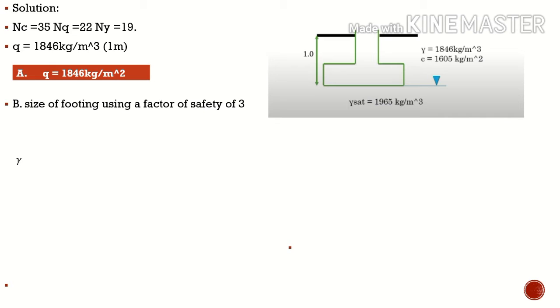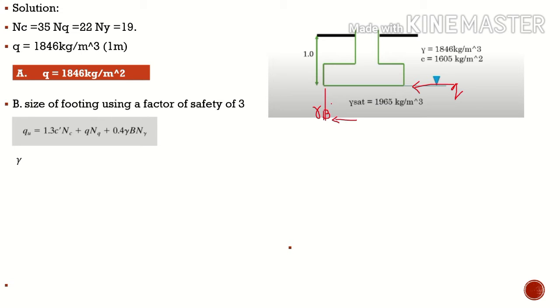So, we will use the formula qu is equal to 1.3 c Nc plus q Nq plus 0.4 gamma B N gamma. Here, gamma B is the effective stress B distance below the footing, not including the effective stress at the top, the point of q.